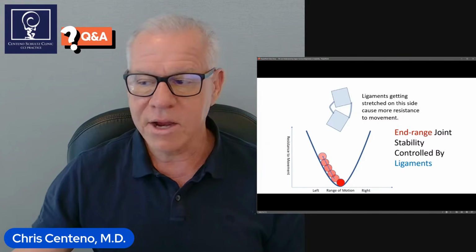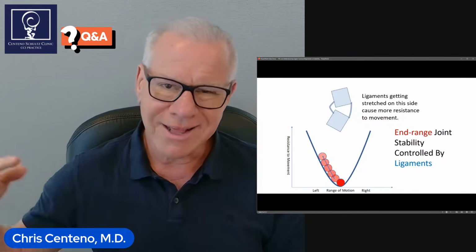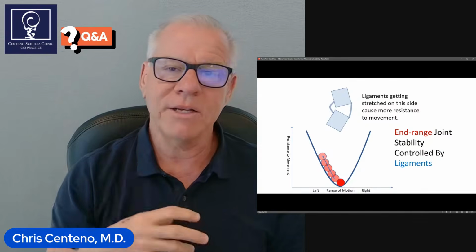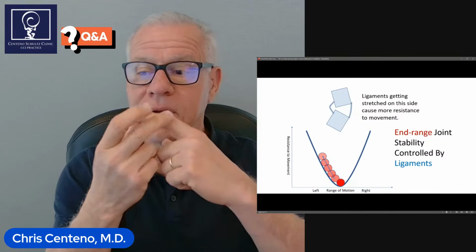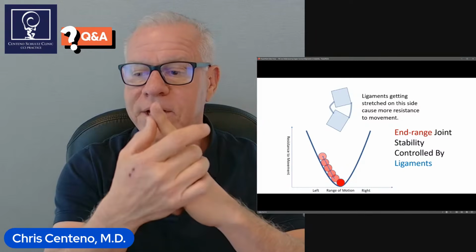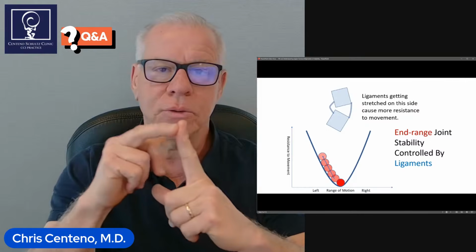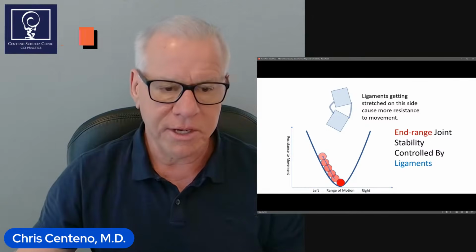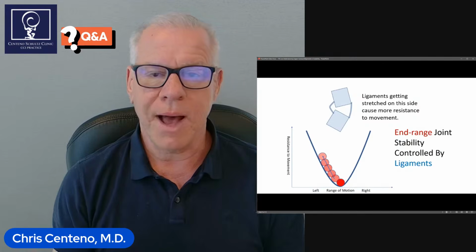Now, here we see something a little bit different. Here we start to climb the wall, if you will. As we get towards the end of the range of motion, again with my finger, my finger stops. There's resistance to any additional motion. And that end range joint stability is controlled by the ligament.